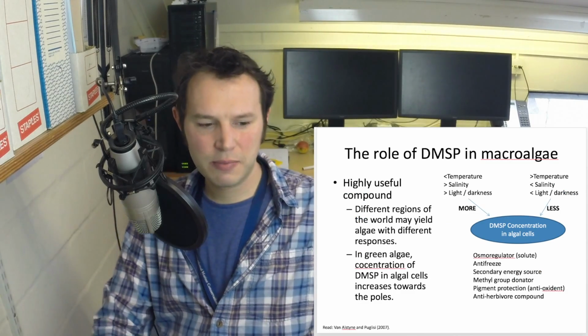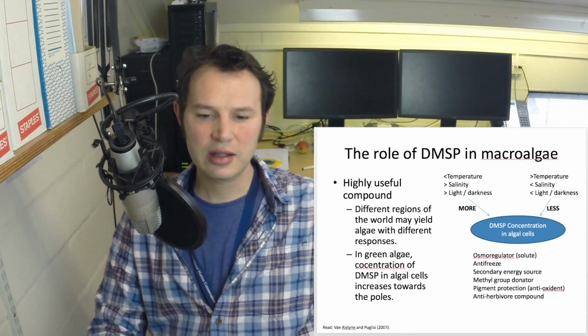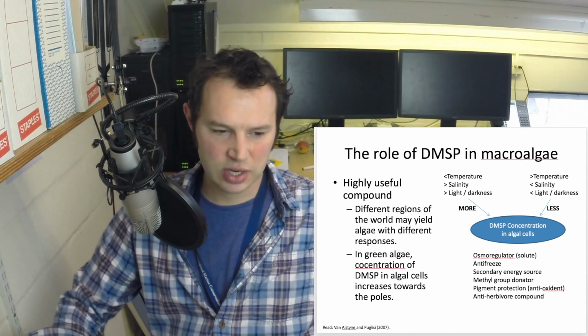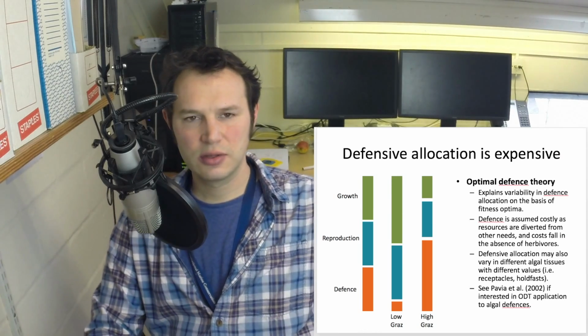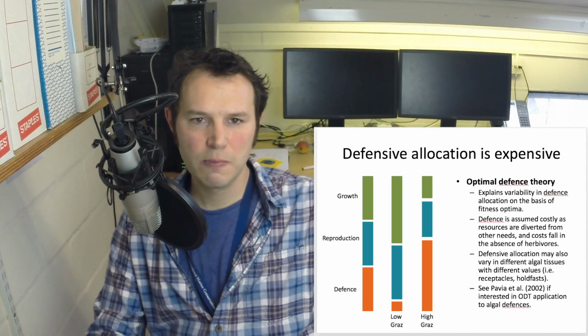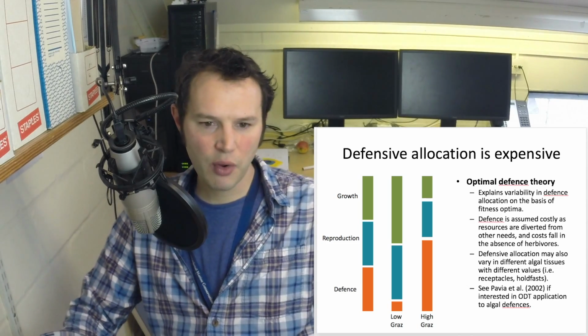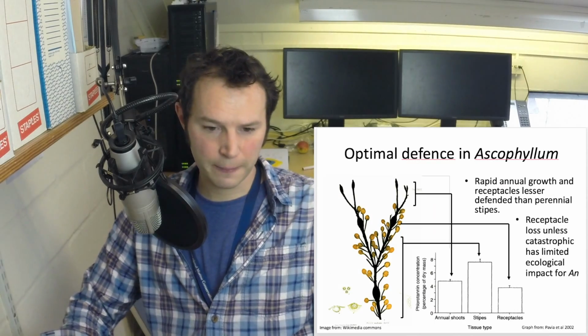Think about DMSP, a vitally important chemical that can be utilized for a variety of roles in many algal species around the world. Think about resource allocation, the packets of growth, reproduction and defense that can be used to model how organisms respond to change as well as to differential pressure.